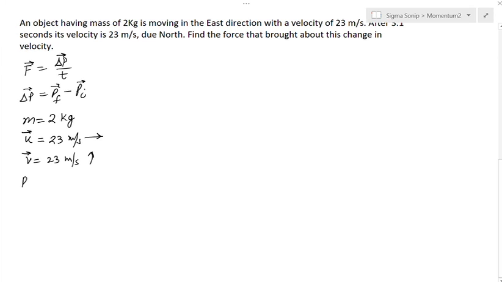So Pi is the initial momentum, which is m times u, which is basically 2 kilogram multiplied by 23 meter per second like this, and you get 46 Newton second in the east direction.